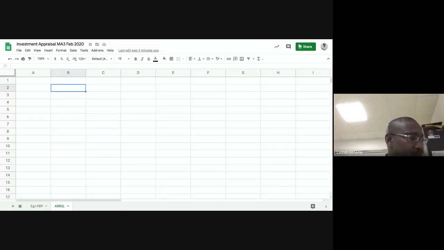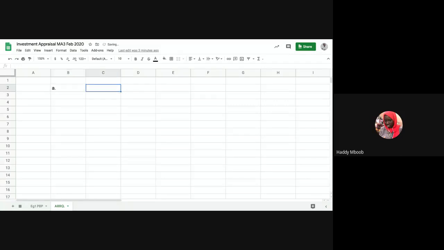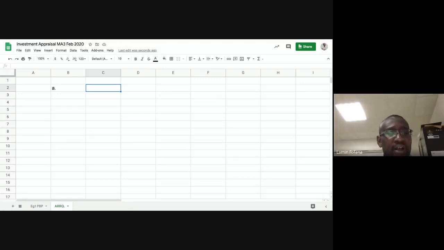So the first method is the initial investment method. What formula should we use for the initial investment method to calculate our ARR? The average annual accounting profit over the initial investment, multiplied by 100%.